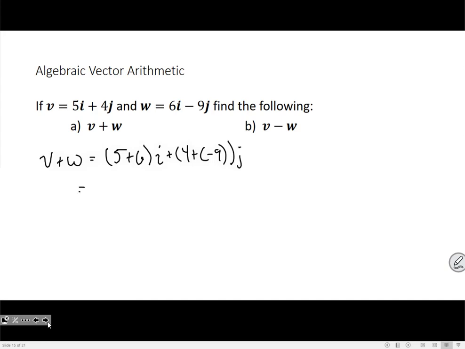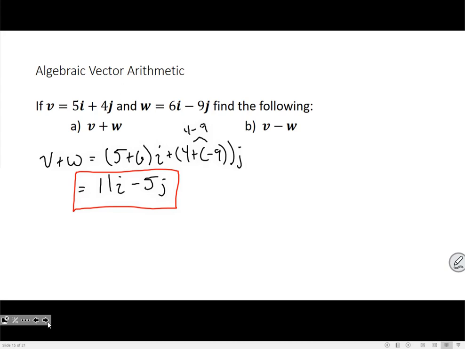Okay, so to simplify that, 5 plus 6 is 11i. And now we have, for the j component, 4 plus a negative 9. So really this is 4 minus 9, which gives me a negative 5. So I get really 11i minus 5j. And that is the vector v plus w.